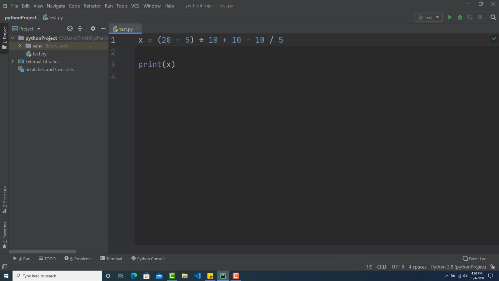Then that will be added with 10. Then lastly, it will get rid of whatever we have over here. So that's it. First we have the brackets, then division, then multiplication, then addition, and the last one is subtraction.